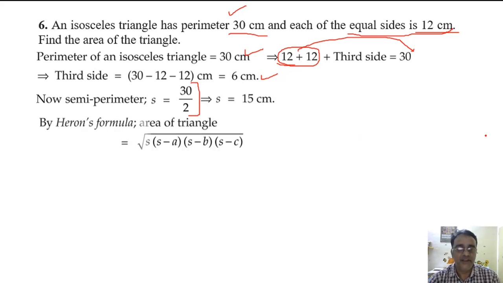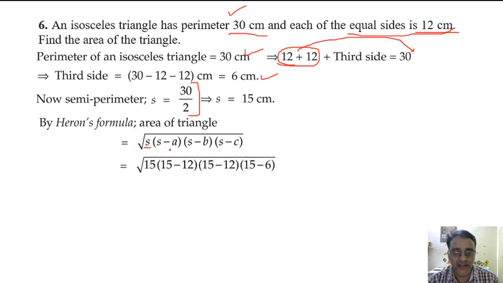Okay, fine. So now Heron's formula, ABC. So 15 into 15 minus 12, 15 minus 12, 15 minus 6. So 3, 3, and this will become 9.